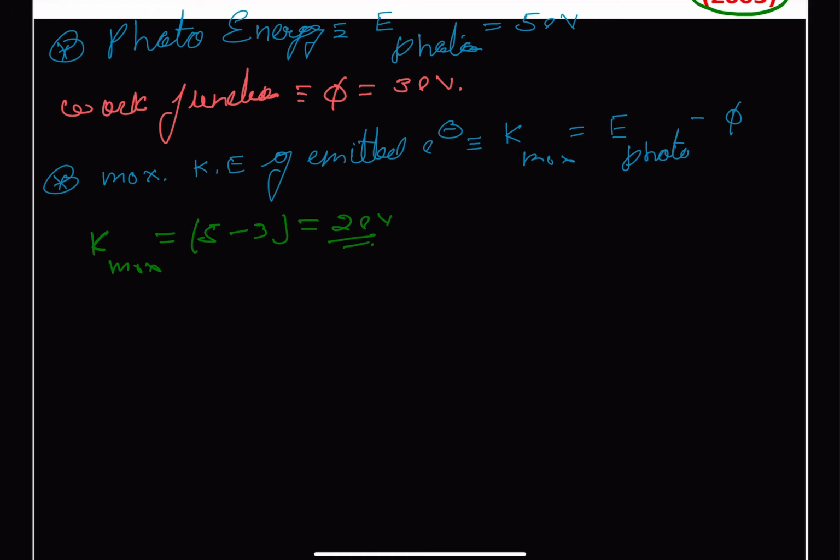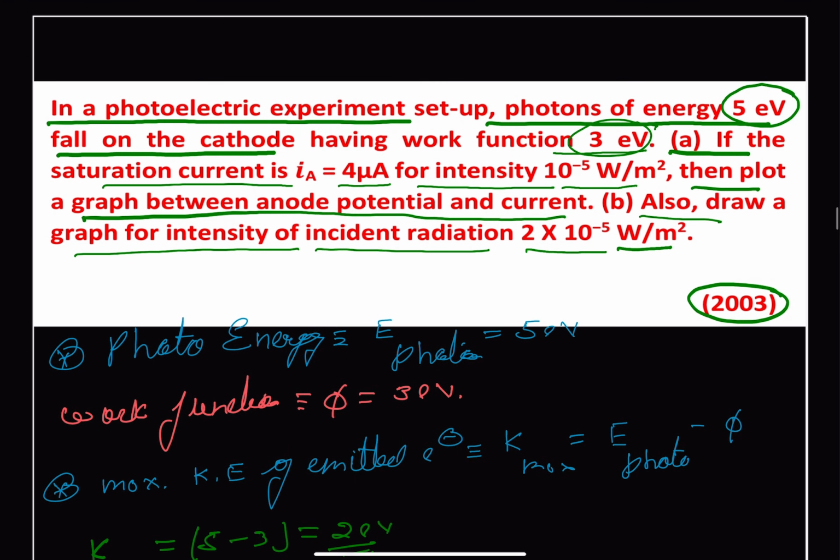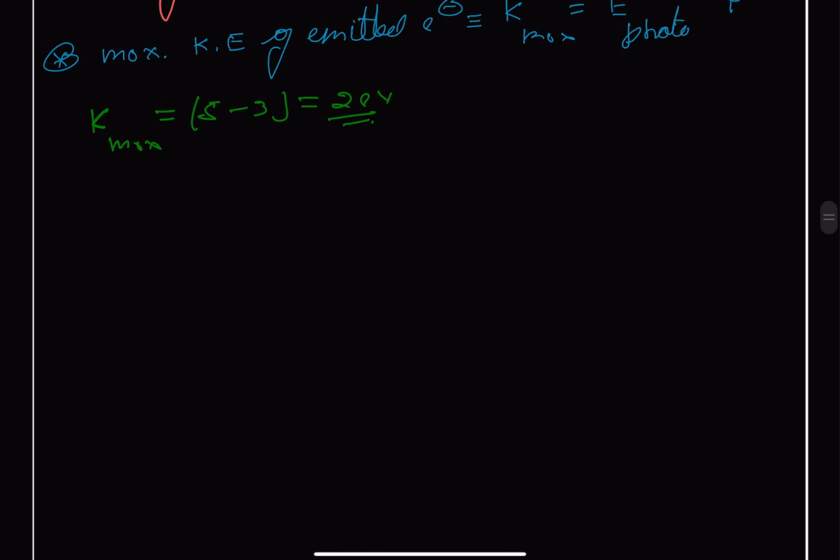And it is said that the saturation current for intensity 10 to the power minus 5, let us call this intensity I1.